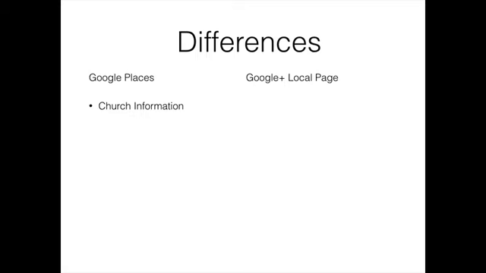But church information is going to be something that's found in your Google Places listing. Also, you have the option of uploading photos, and people can actually make reviews of your church right there. So that's something to keep in mind.